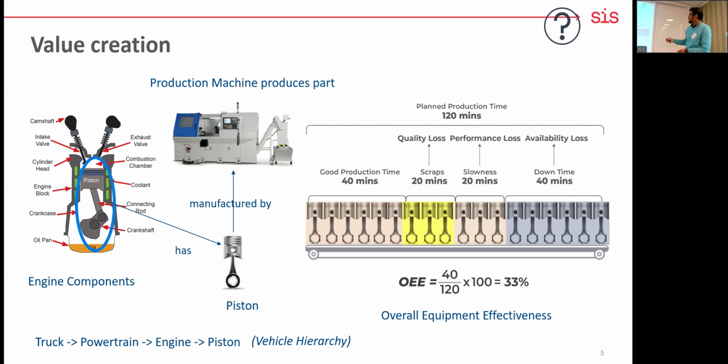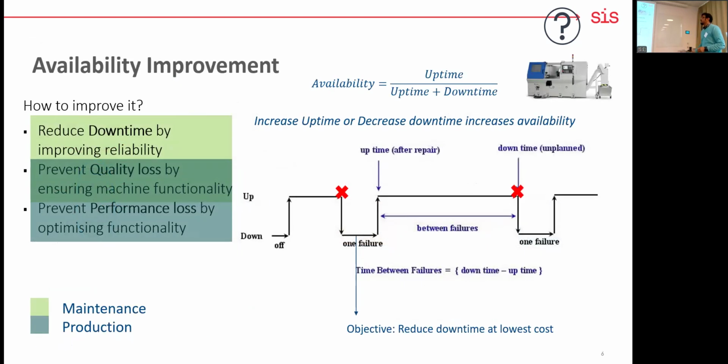These three parameters together are called OEE, overall equipment effectiveness. We are interested in availability, downtime. Availability is like a duty cycle: the uptime over the total time, meaning how much time the machine is available to produce. That's our responsibility.